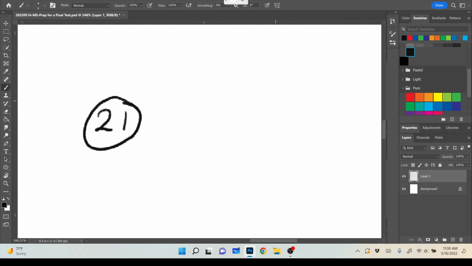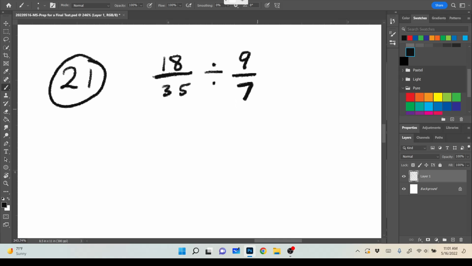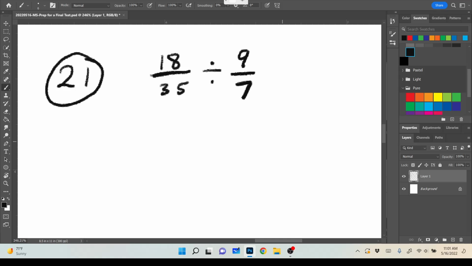Hello. 18 over 35 divided by, let's say, 9/7. So what do we do with that? How do we divide fractions?